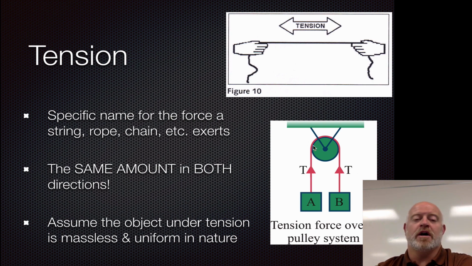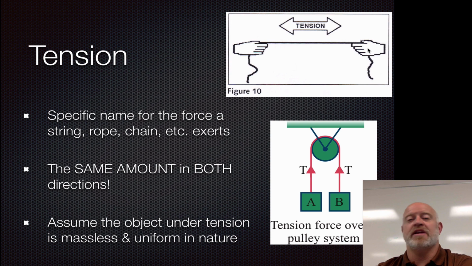Okay. In this case, when you have tension, what happens is you actually have the force the same in both directions. So if this hand is pulling at 10 newtons of force and this hand is pulling at 10 newtons of force, the overall result here is they have the exact same amount of tension on them as they both pull. Okay, this hand can't feel more force than this hand feels.